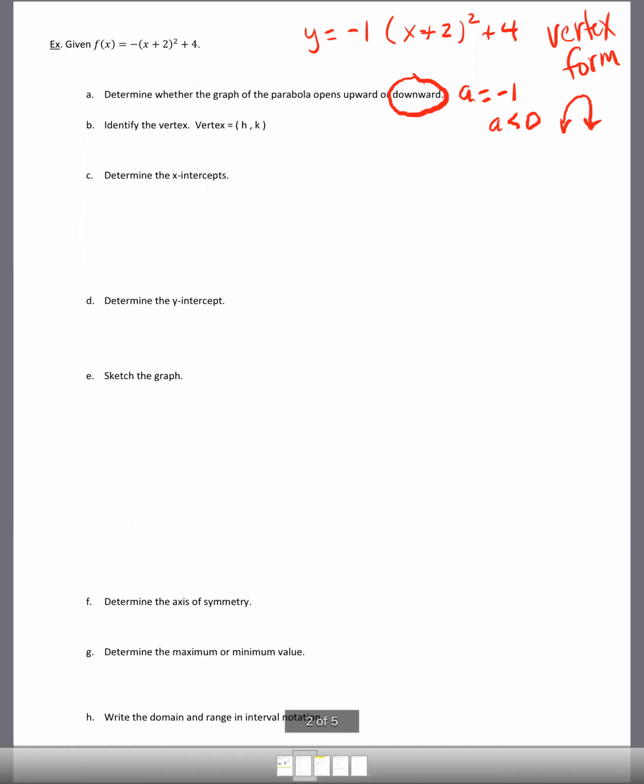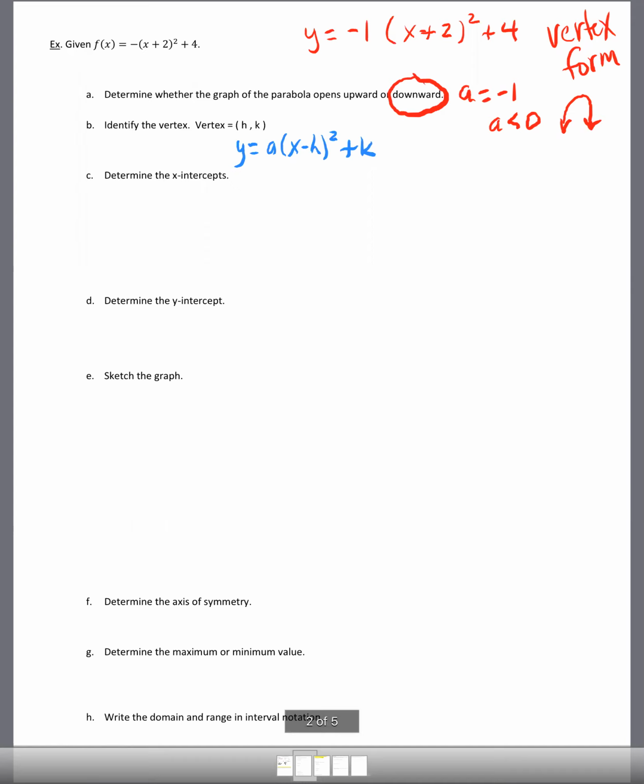The second question here asks us to figure out what the vertex is. And remember what the vertex form of the equation looks like. It's y equals A times x minus h squared plus k. That's the vertex form.